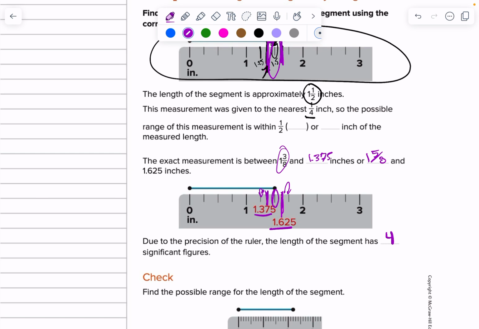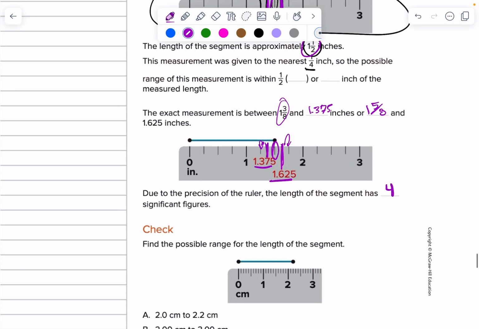Even though it was originally 1.5, since I'm now rounding to the nearest 1/4 of an inch, it could be off by any of that amount. It's actually 1/8 of an inch on either side of that 1/4 inch. 4 sig figs is what that is measured to.